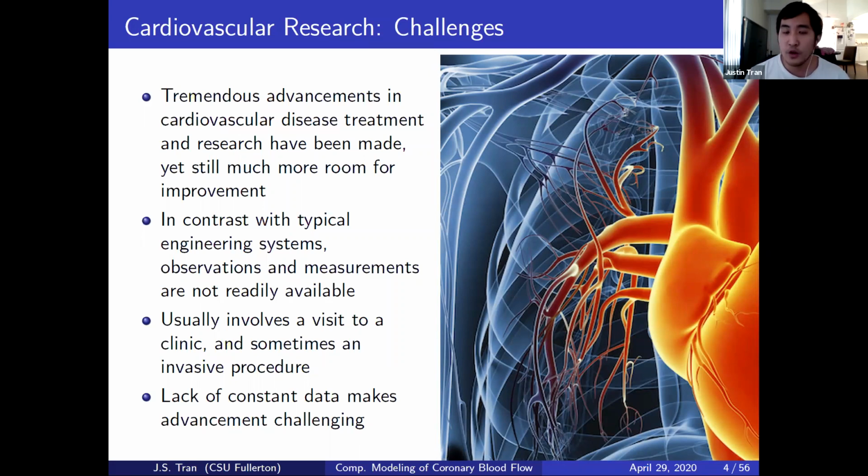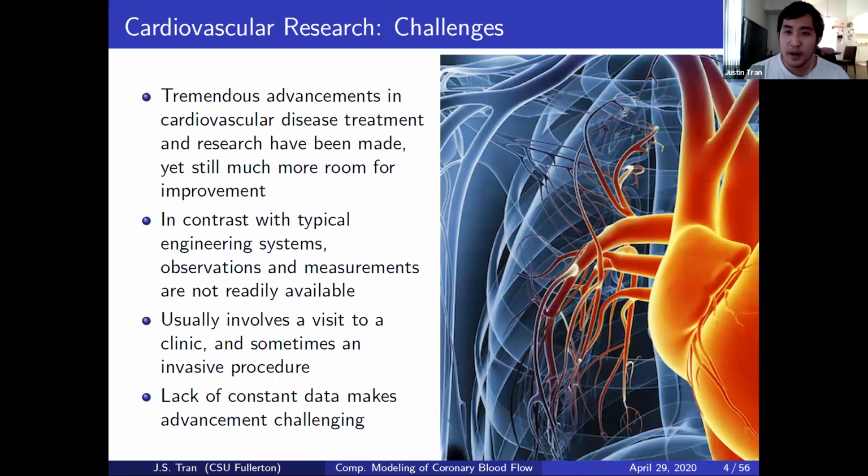But even then, there's still a lot of improvement that can be made. This goes across the board in terms of drug therapies, better operating procedures, better hospital conditions. But the challenges that I want to focus on, and the ones that I'm more interested in tackling, are with the idea of measurement and observation.